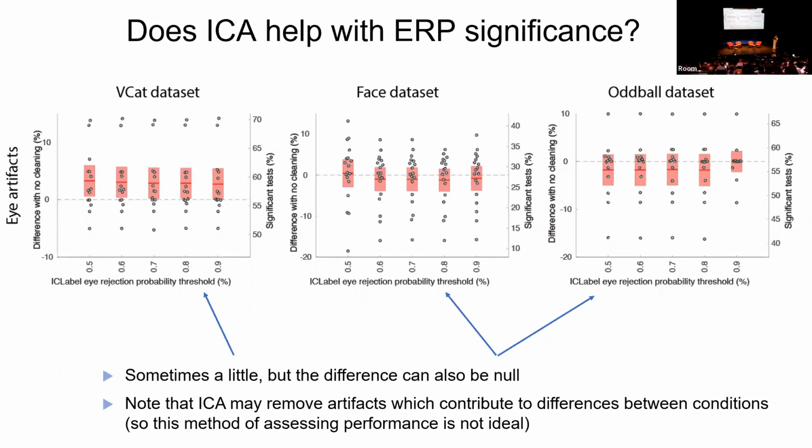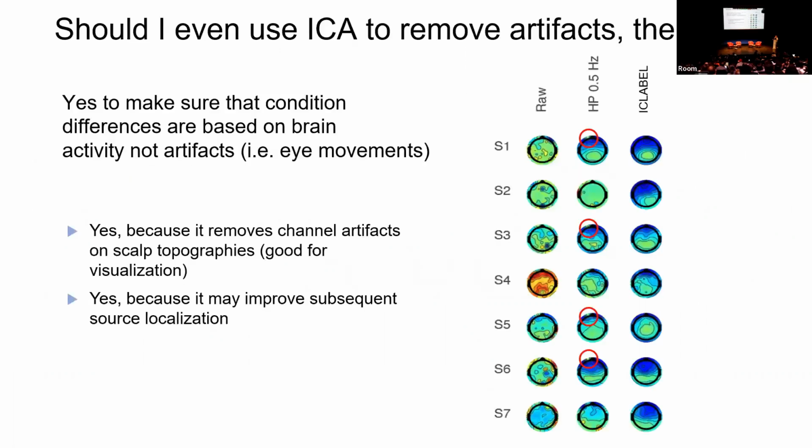But we also need to think that ICA may remove artifacts which contribute to differences between conditions. So maybe the number of significant channels is not always the best metric to use, or we should look at different metrics for how it's changing the data sets. So it's not ideal for assessing the performance.